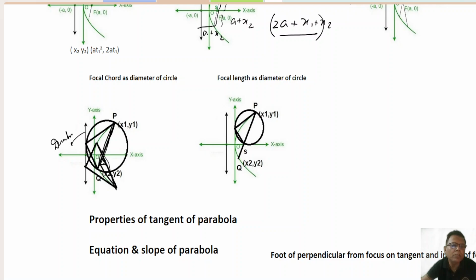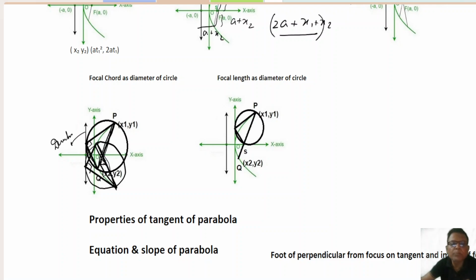If you draw the circle here, again it will touch the directrix. That means the directrix is the locus of the point of intersection of the tangents at the ends of a focal chord. So this angle is 90 degrees. This is also 90 degrees.